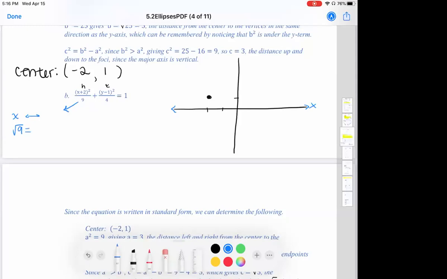Number 9, take the square root of it, 3 units left and right. So I have 1, 2, 3 from the center. So I'm at this point right here, that'd be 0, comma 1. And I'll go 3 more to the right, 1, 2, 3. But make sure it aligns with your center. So this gives me the point 1, 2, 3, 4, 5, negative 5, up 1.